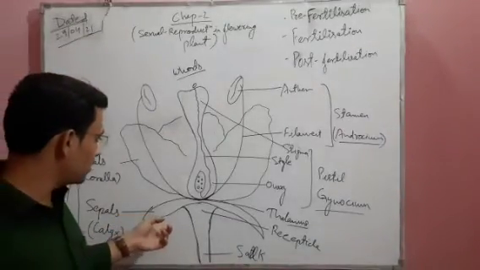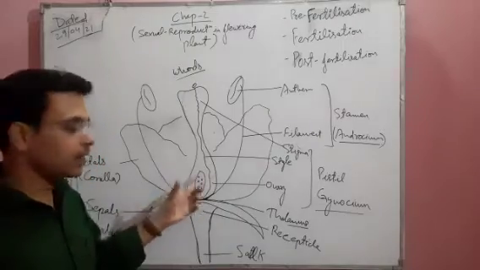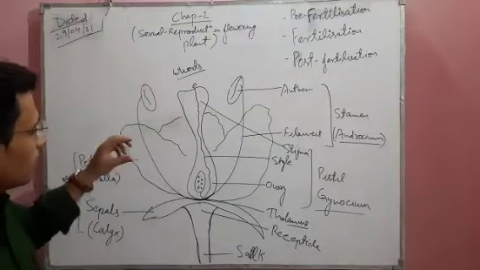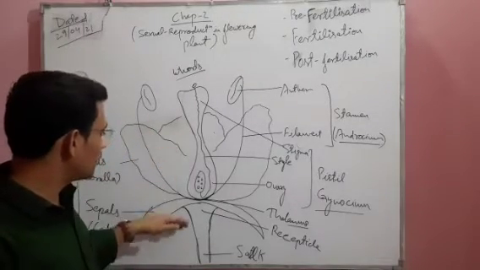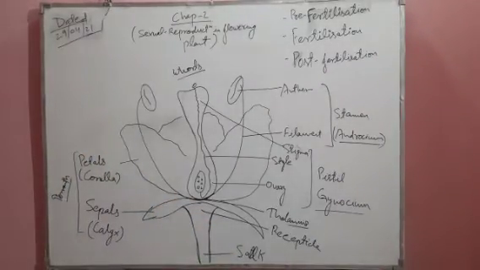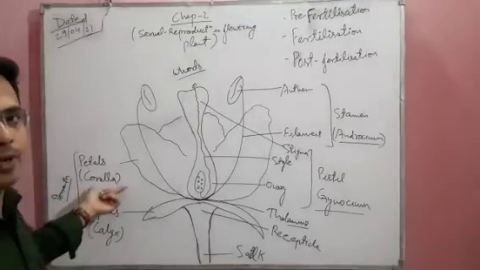What is the role of calyx? As we can see here, when the flower develops, calyx is the outermost layer. So what is the role of calyx and what is the role of corolla?